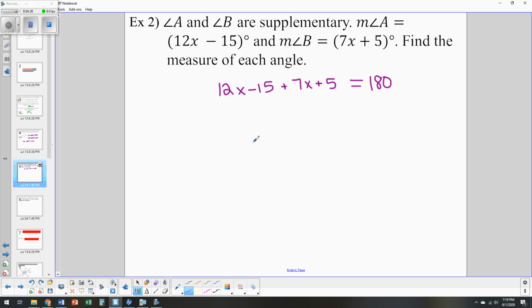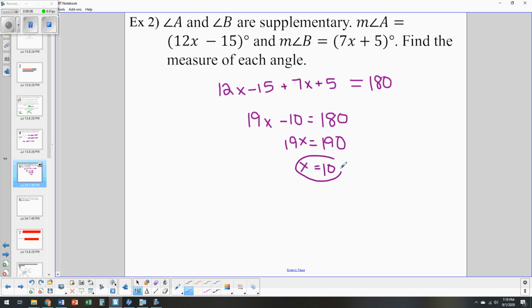So I'm going to start by combining my like terms. I have 12x and I have 7x, so that's 19x. Negative 15, positive 5 is negative 10, and that equals 180. So now I'm going to have 19x equals, and I'm going to add 10 to both sides, 190. And now I'll divide both sides by 19, and x is 10.